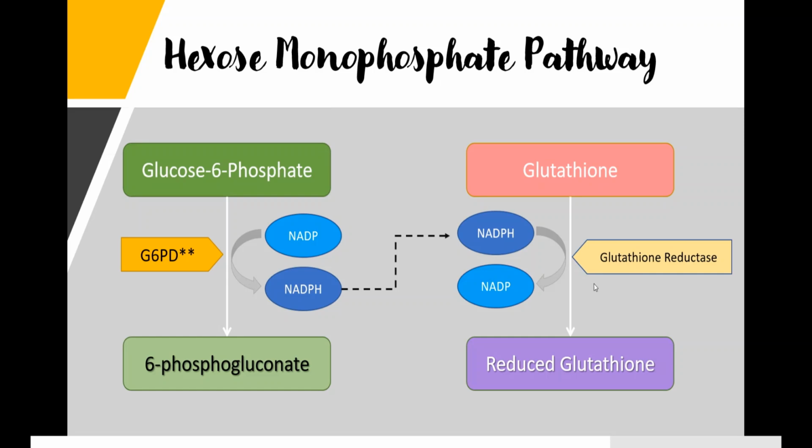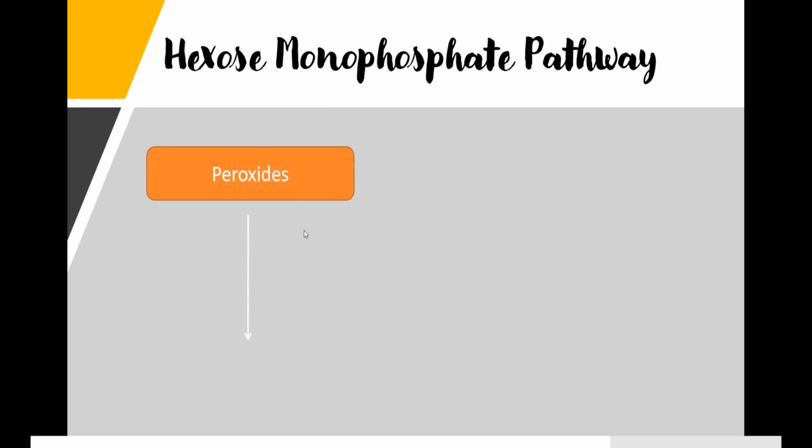In the process of reduction, the glutathione reductase requires the presence of NADPH as its cofactor, so NADPH here is converted to NADP. In the process, glutathione becomes reduced glutathione, and these reduced glutathiones are the ones that will counter the peroxides, for example.